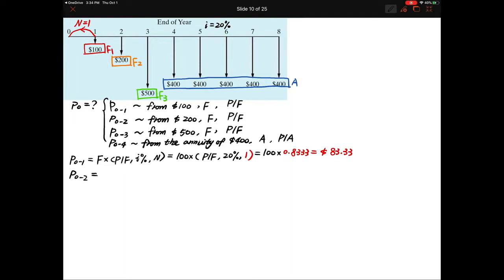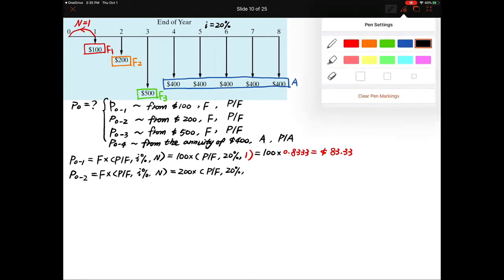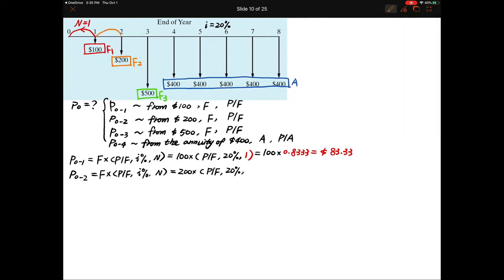And now let's calculate the part 2 of present value. It's from 200. Still, you're using the same equation because you're looking for P given F. Same equation, but with different values. Now it's 200. 20% the same. What is the N? Between the time 2 to time 0, how many times you need to jump back? 1 and 2.